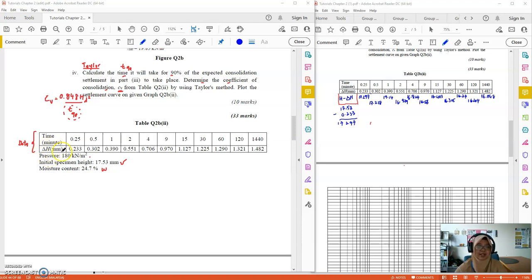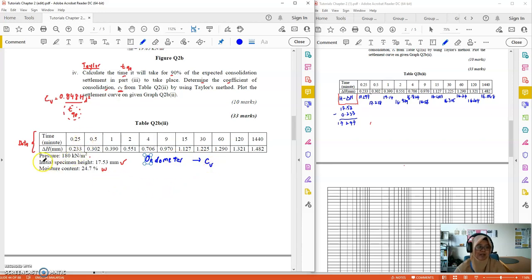They give the reading in terms of delta H, the difference of the height due to the loading pressure from the odometer test. The odometer test is a consolidation test to obtain the C sub V.